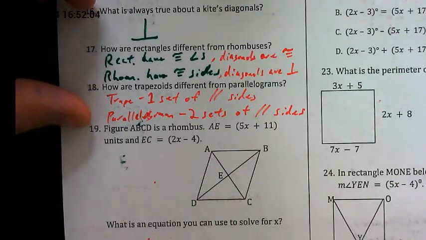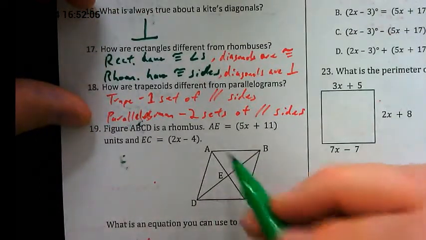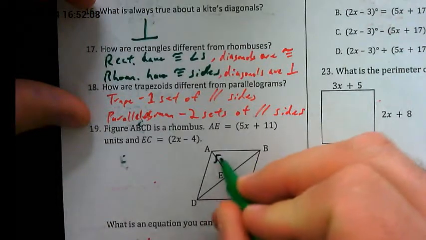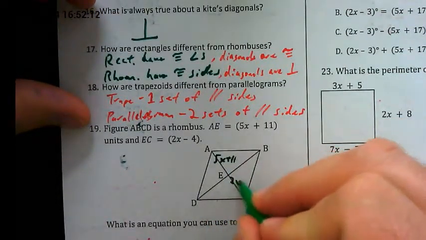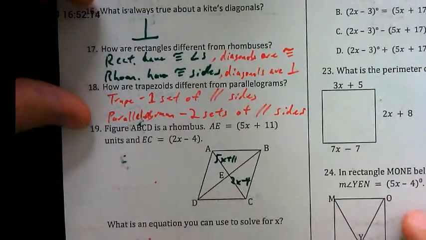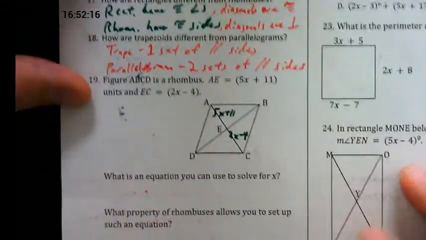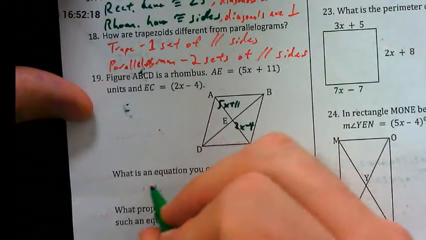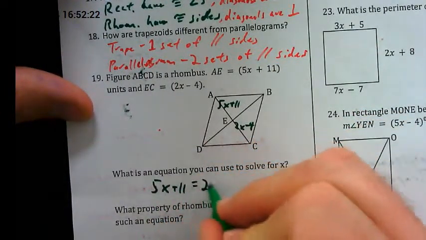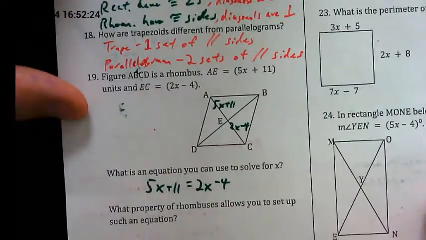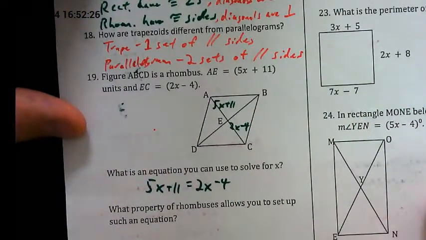it says that this is a rhombus. AE is 5x plus 11. EC is 2x minus 4. What equation could we have set up? 5x plus 11 equals 2x minus 4. Those two would have to be congruent. Why are they congruent?